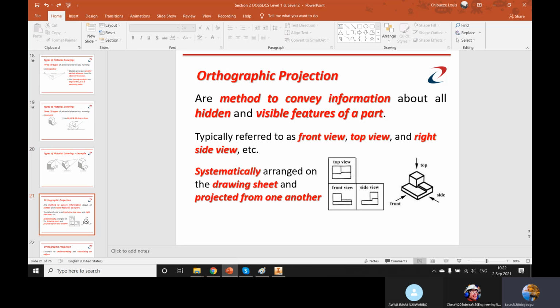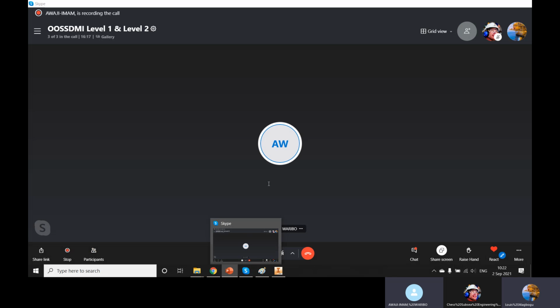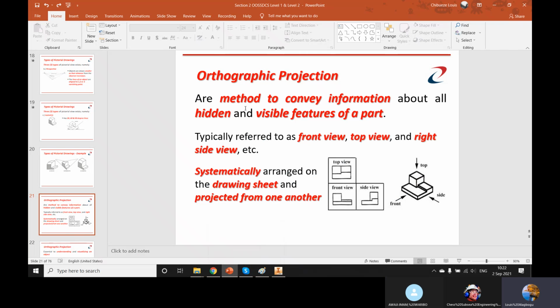Orthographic projection. I don't know, are you familiar with the term? Hello? Come again. I'm asking if you're familiar with this now. Orthographic projection. I am. I actually did all this in school. Oh, okay.